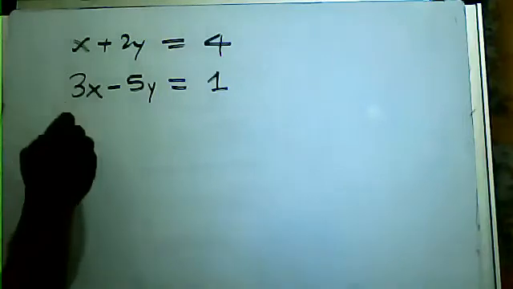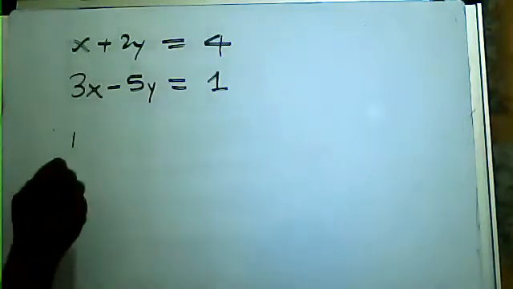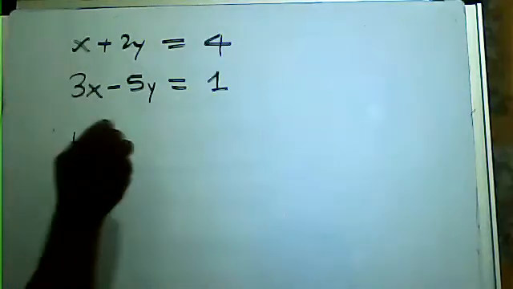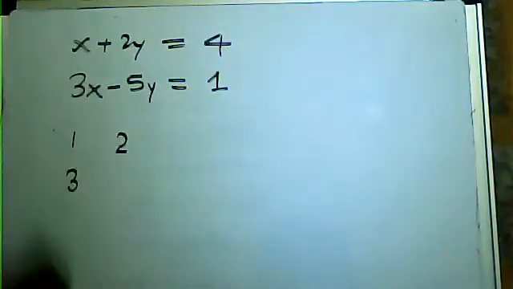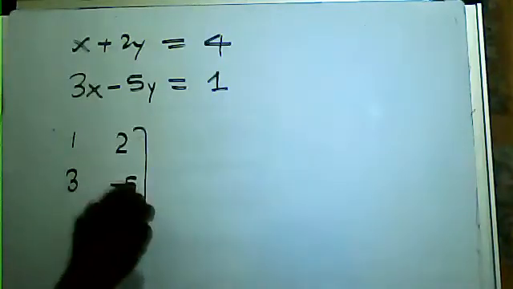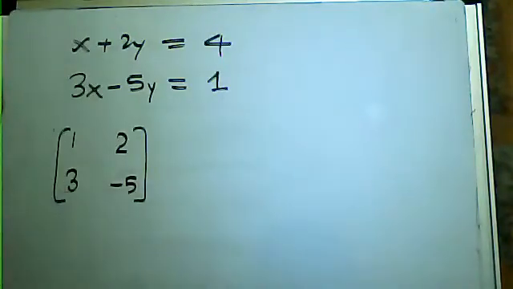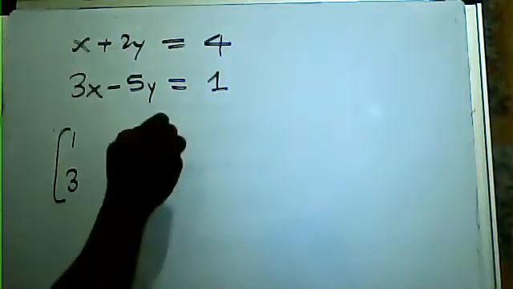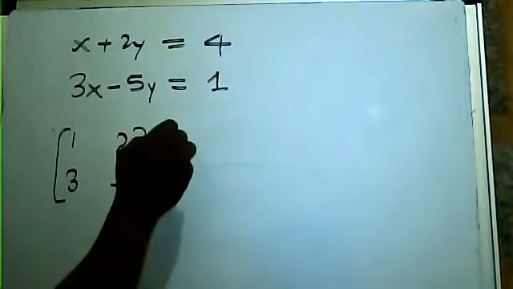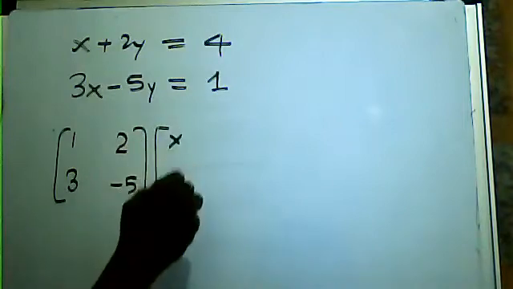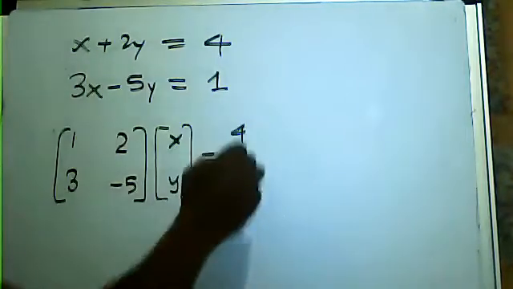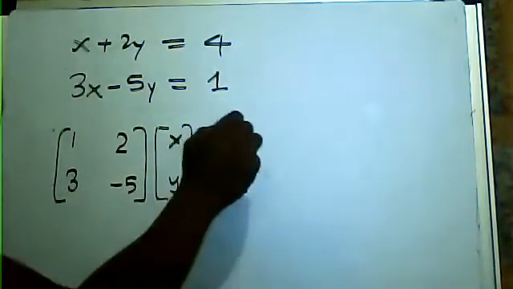So yes, we are going to write 1, 3, a coefficient of x there, 2, minus 5 as a matrix, multiplied by x, y is equal to 4, 1.